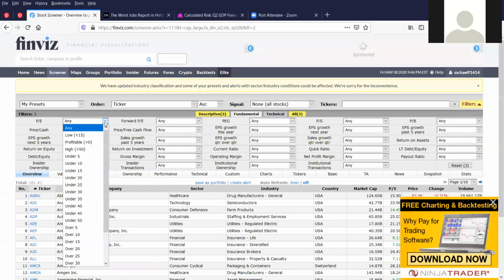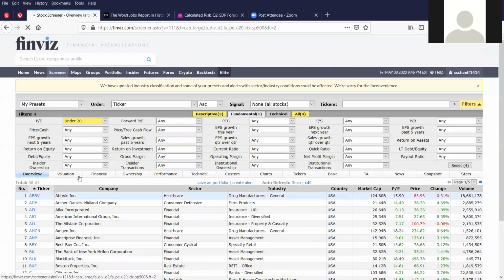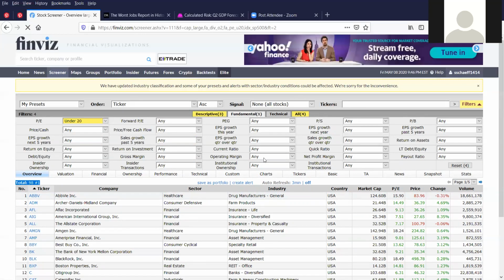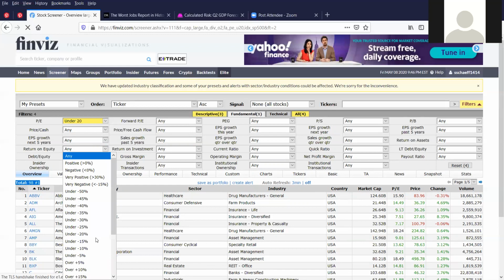We're going to look for companies whose PE is under 20, probably a lot more than we'd expect right now. That dropped it down to 898 right over here. I highlighted it. And let's look for companies whose return on equity is over 20%.